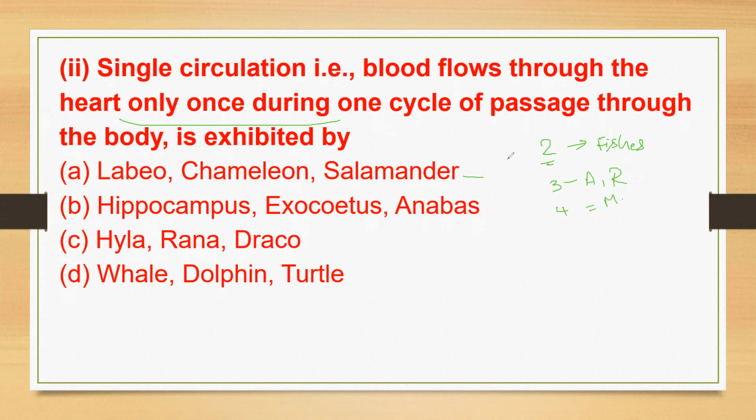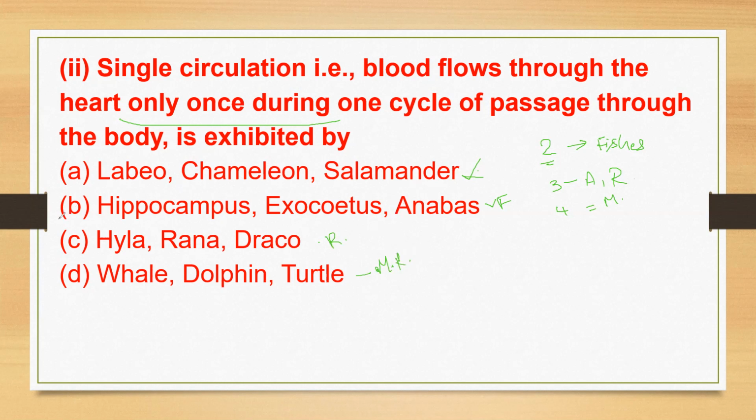Now see each option and which category the animals belong to. Option A are amphibians and reptiles. These all are fishes. These are reptiles, and these are mammals and reptiles.